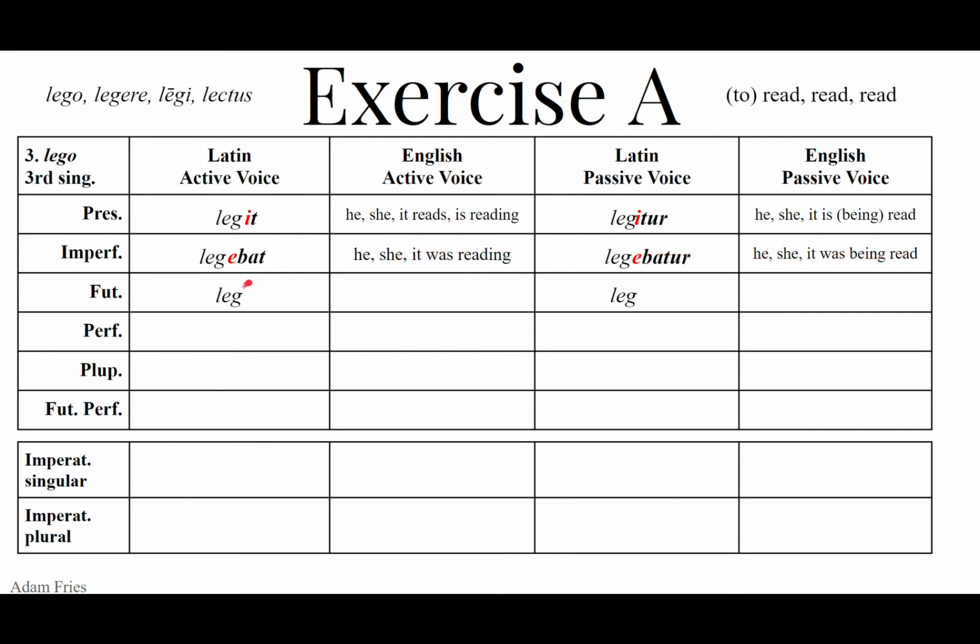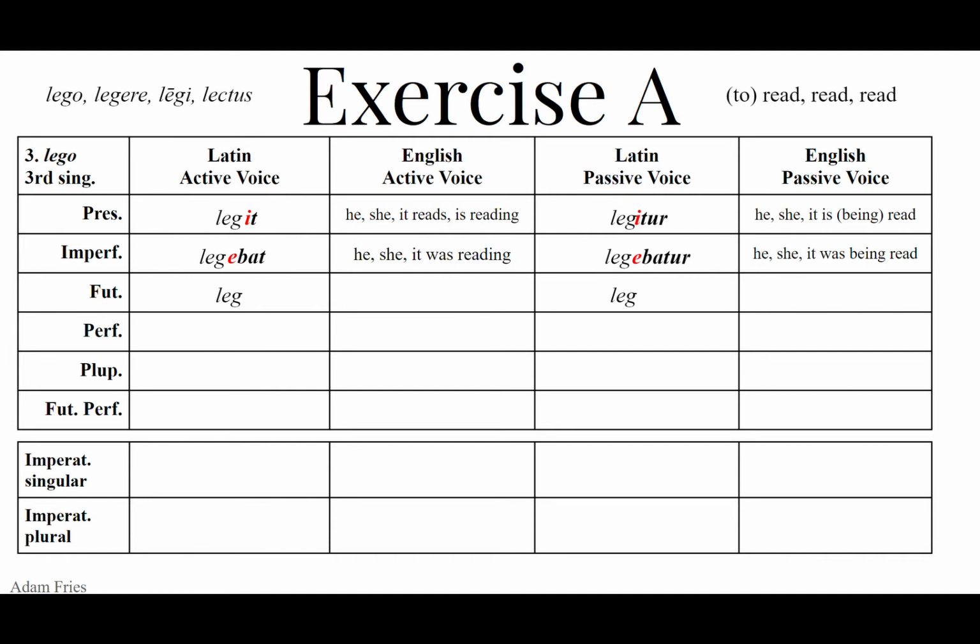For the future, do not use bo, bis, bit, bimus, bitis, bunt. Those are the endings of the future for the first and second conjugations only. The future of a third conjugation is am, es, et, emus, etis, ent.